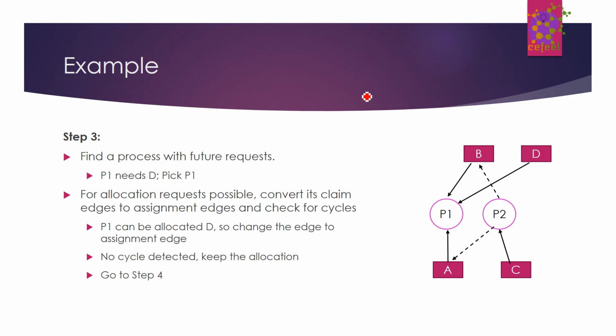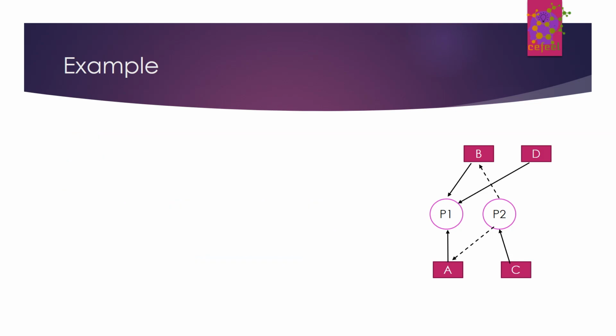So finally we are done with all the processes and their requests after the change. So we will go to step 4 again to see if we can simulate completion of any of the processes. So step 4 is to simulate execution of possible processes and free their resources.